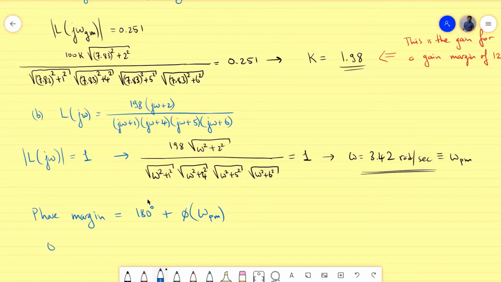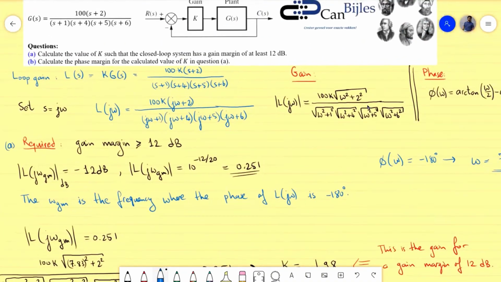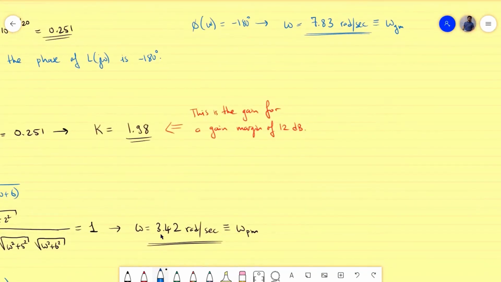Now, if I substitute the omega PM in the expression for the phase, which was determined already here, so if I use this formula and substitute 3.42.